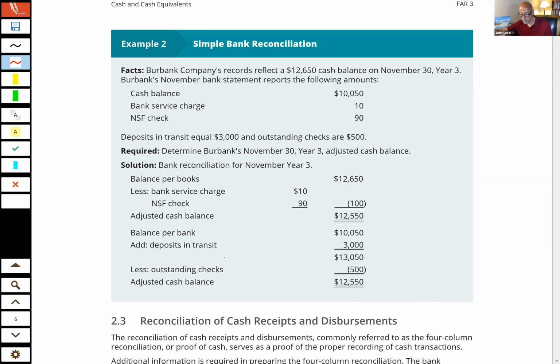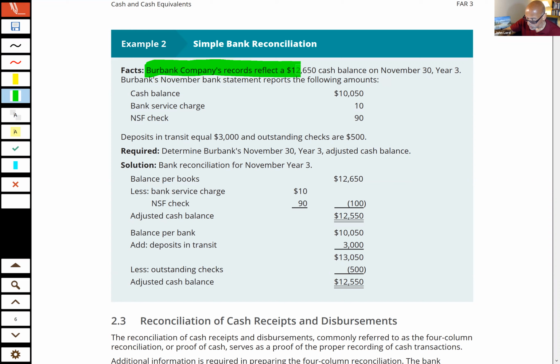And the way I like to look at these is I ask myself, what did the bank know? What did the company know? If the bank knows something that the company doesn't, I'm going to have to adjust the company's cash balance. If there's something that the bank doesn't know that the company knows, I'll have to adjust the bank balance. And these things, once we figure them all out, should reconcile.